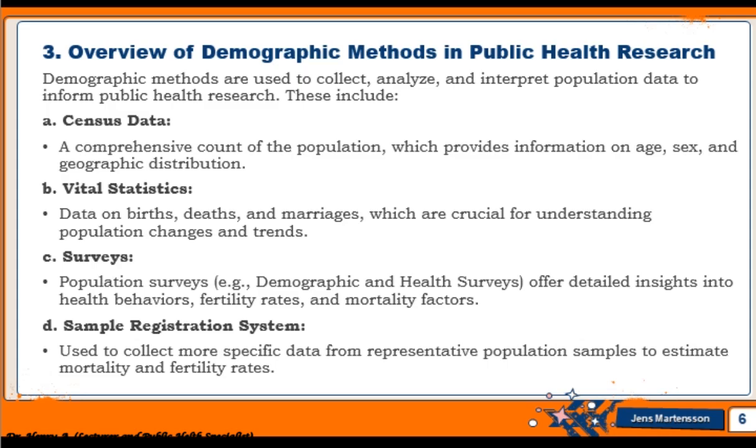Surveys are often more flexible compared to that of census data and allow researchers to gather more detailed, more context-specific information. In fact, they help the public health researchers and policymakers to understand the behavioral, social, and cultural factors that influence health outcomes.